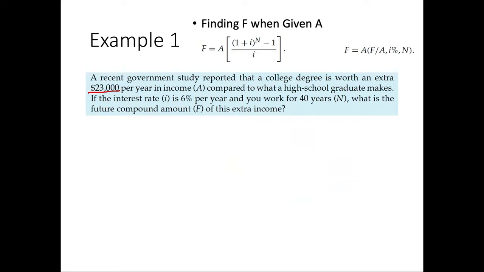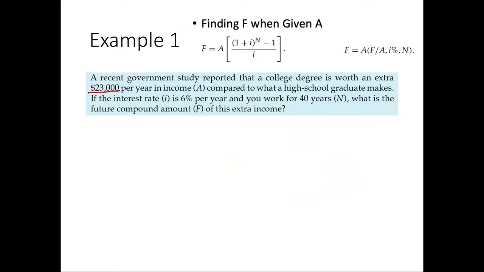So it said if you got a college degree, you're going to earn 23,000 more per year than if you got a high school degree. Okay, which makes sense. And if the interest rate I is 6% per year and you work for 40 years, what is the future compound amount F of this extra income?